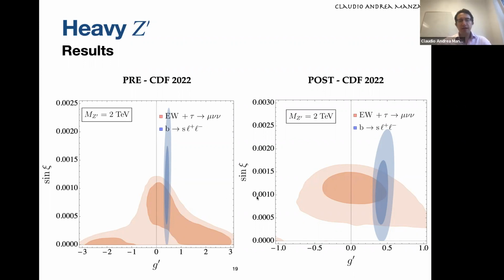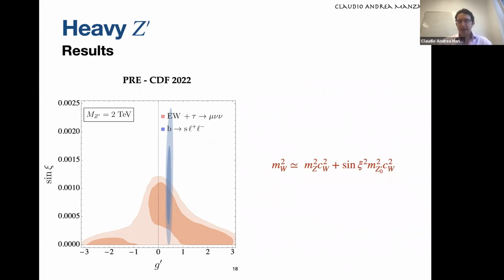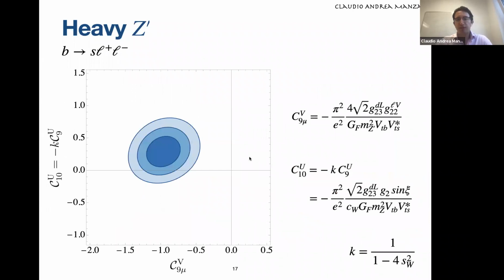Well, already comparing these two scenarios, you can see that this complementarity is somehow weakened by this new measurement. And the reason is pretty clear. If we look again at B2SLL, if we increase the mixing angle, we need a smaller coupling to B and S quarks in order to obtain still the best fit point for C10.